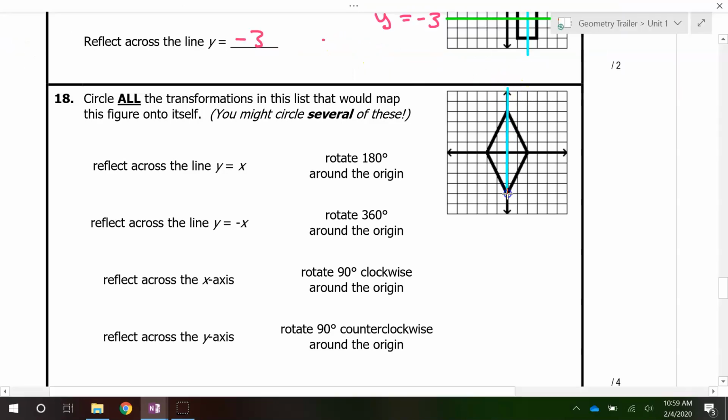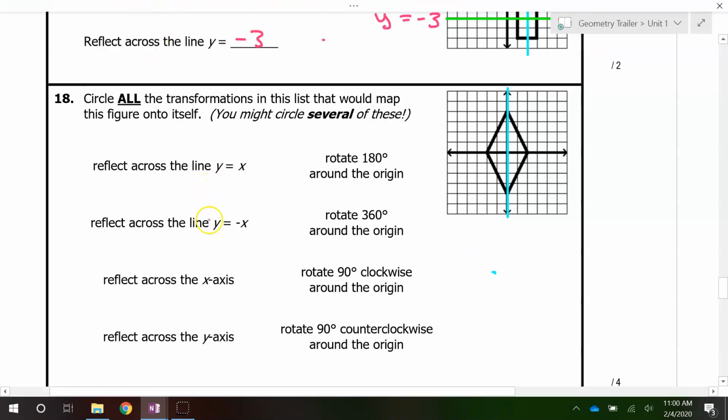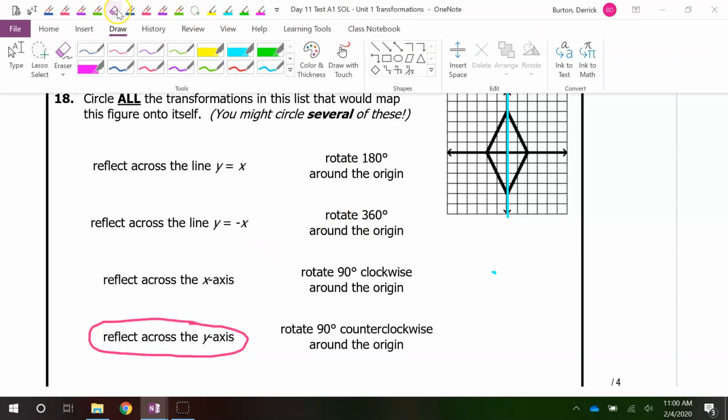This vertical line splits the image right down the middle. But that is the y-axis. So a reflection over the y-axis will map the diamond back onto itself. But that's not all.